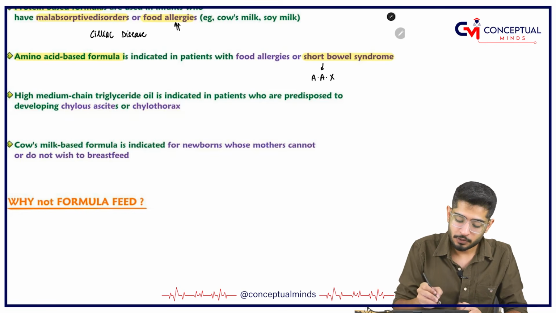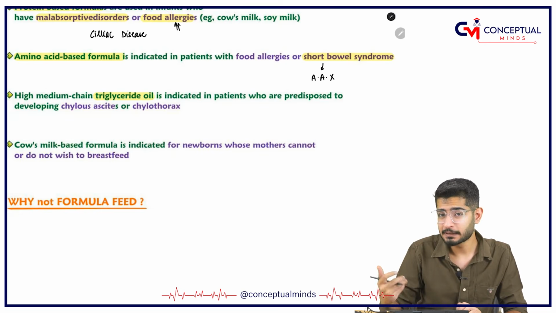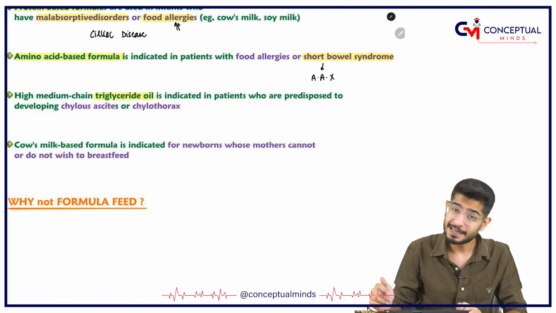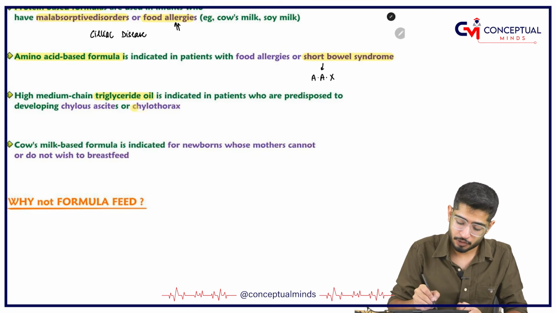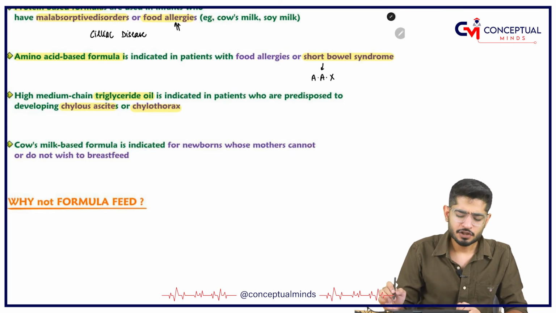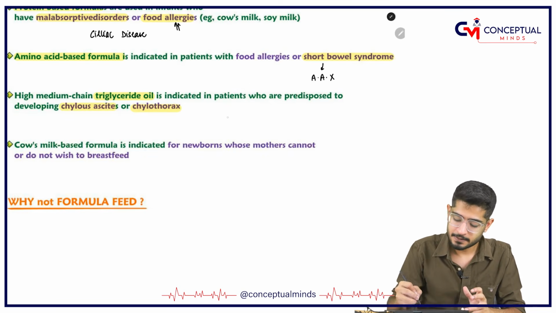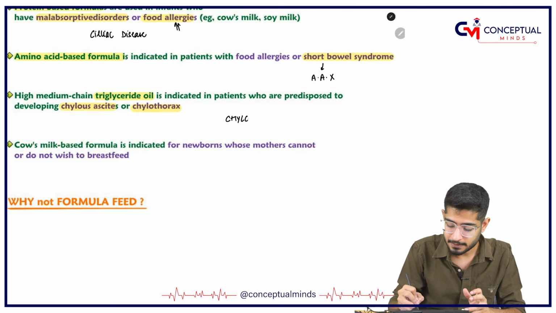And when will you give triglyceride oil? When will you give triacylglycerol or triglyceride oil? It is indicated in children who are predisposed to chylothorax or chylous ascites. Chyle means nothing but, your chyle means bile.